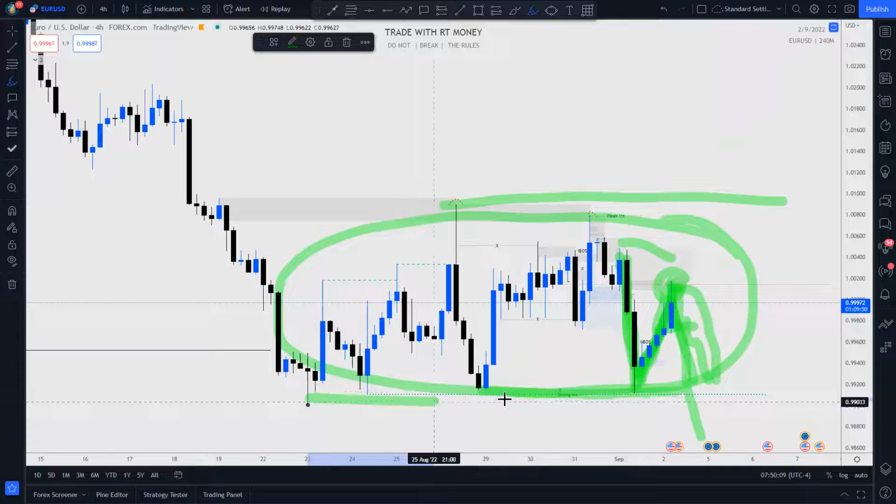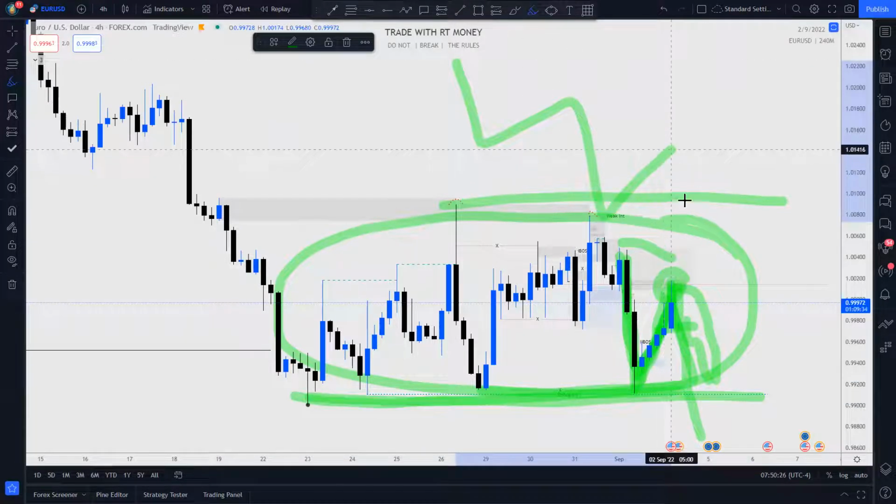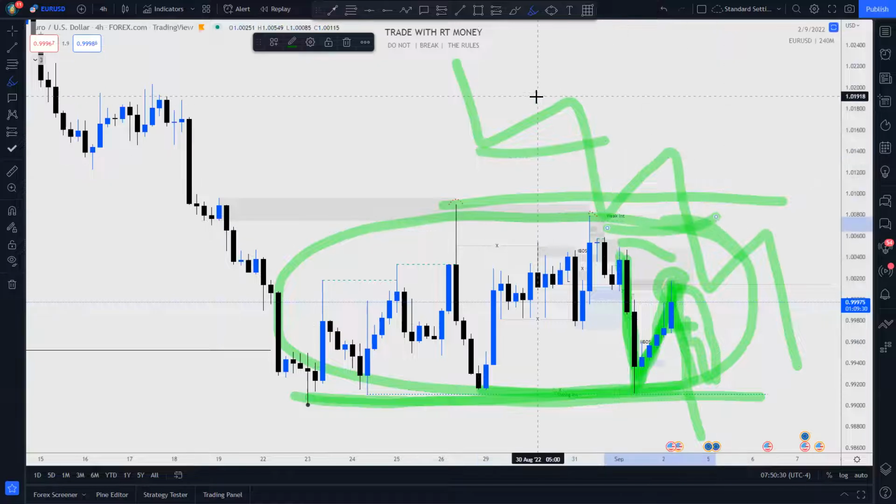Because there's a lot of liquidity down there. We know in a bearish trend that the lows are inherently weak, and that they will be targeted, because that's how you complete and continue a downtrend. The lows get taken, the highs get protected.